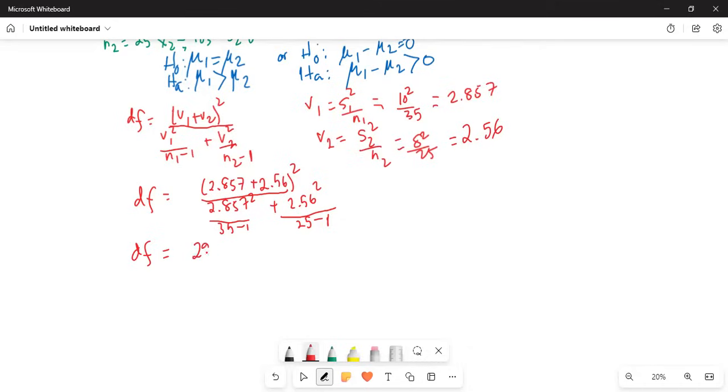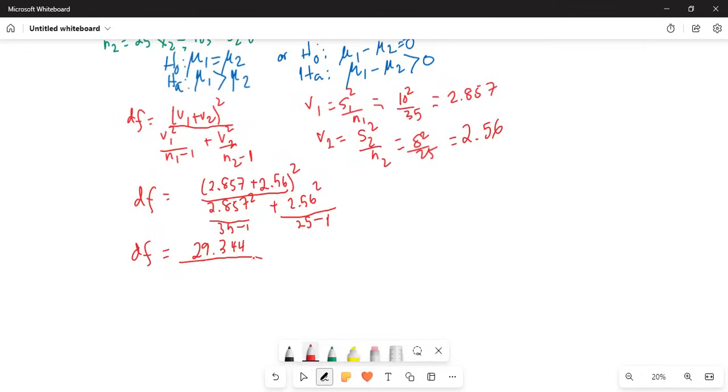This is 29.344, you might say. And that is to be divided by 2.857 square divided by 35 minus 1, which is 34.